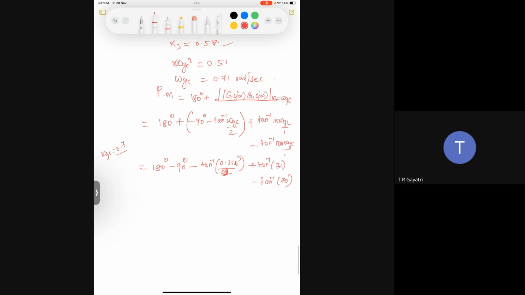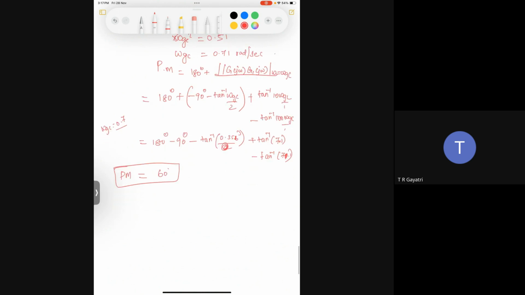This is 70. Okay, nice, 71. Doing all this math, I am getting around 60 phase margin. This is the phase margin of the compensated system.